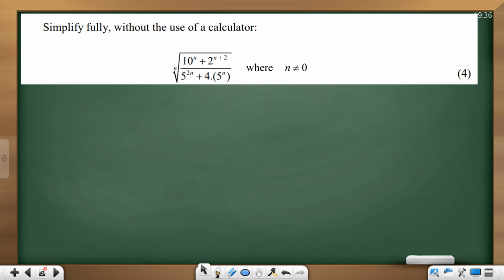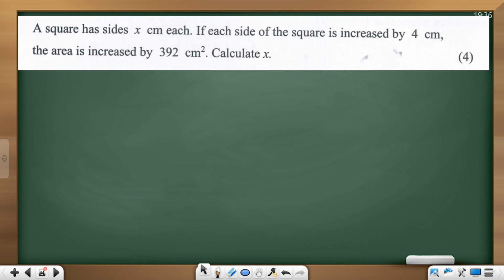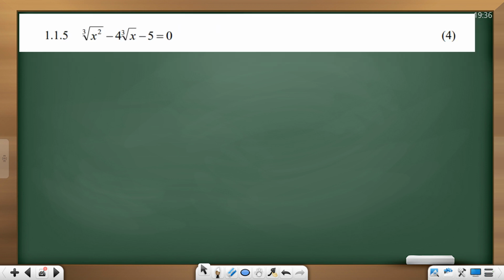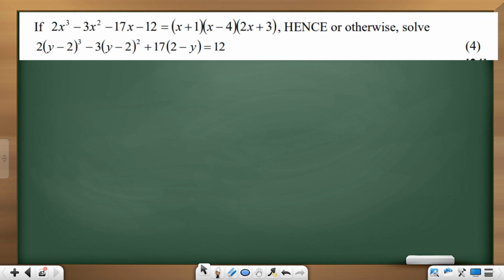Grade 10 here. All right. Simplify without the use of a calculator. Then we've got a word problem there. Look at this one. Check that. The cube root of x squared. What is going on here? This is a university question.